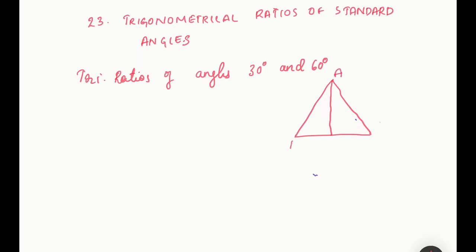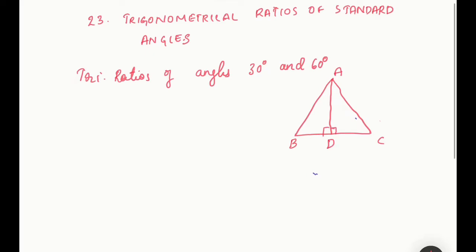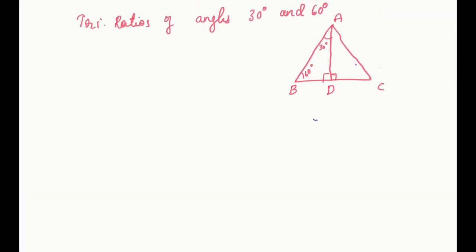Here in this figure we are taking a triangle ABC, which is an equilateral triangle.